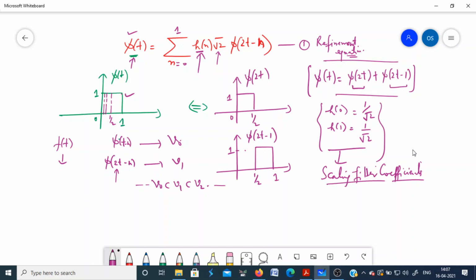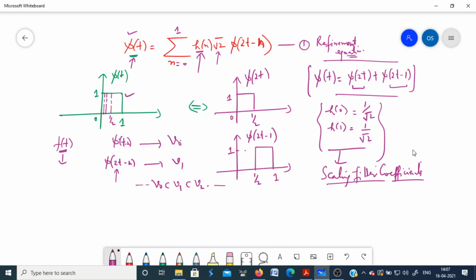It means as we change the scale, the higher scales capture the details in the signal, and the lower scales give you the coarse, average information, but the higher scales provide you the detailed information.